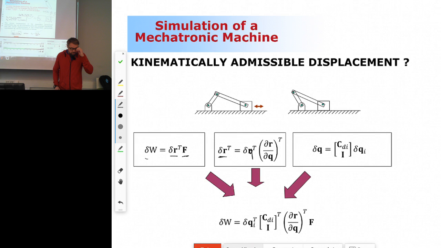And now the delta Q we can express in such a way that it is only the independent generalized coordinates. That's the whole story, and this is how the virtual work finally looks. We can already use this in the static case, because this part of the equation we can set equal to 0, and that's the way we can find the static equilibrium.